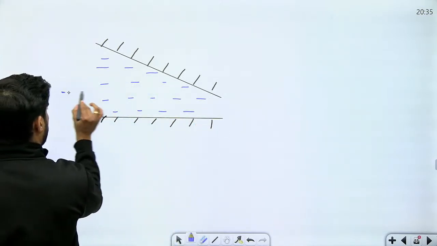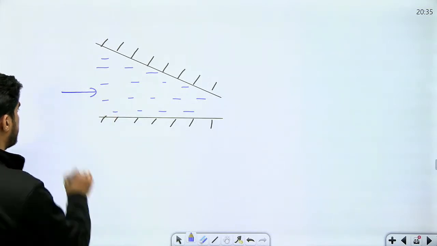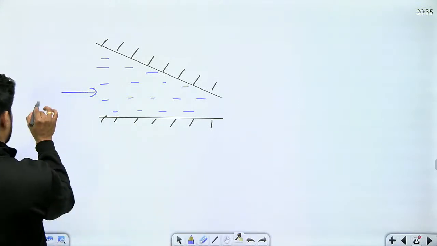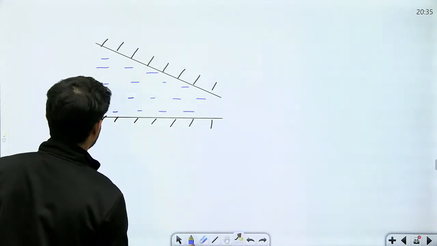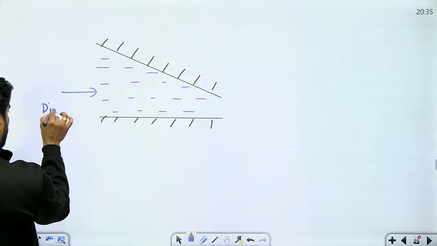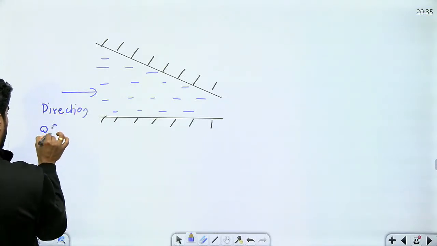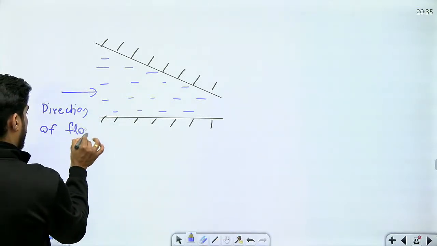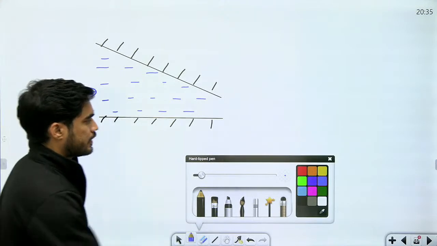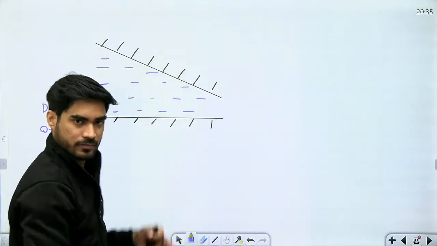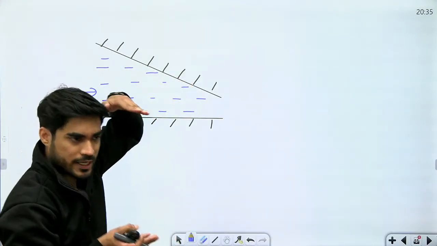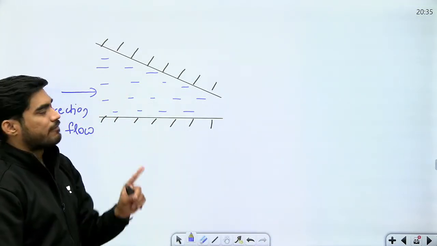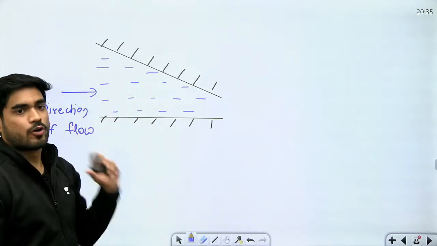The direction of flow is this. So my brother, if in the direction of flow the surfaces between which fluid is flowing are converging, then pressure will be created in this fluid.